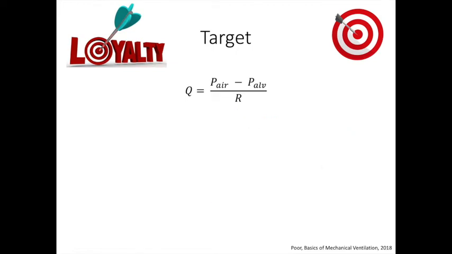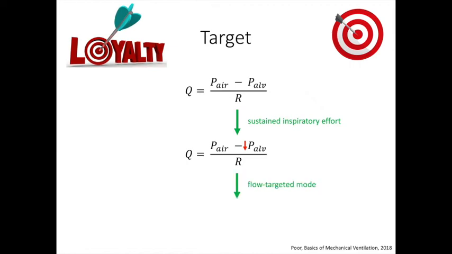Now let's say, for example, that instead of the patient biting the tube, the patient makes a sustained inspiratory effort. The patient is using the muscles of inspiration, using their diaphragm. That results in a drop in the alveolar pressure. Again, we are in a flow-targeted mode, and flow remains unchanged.